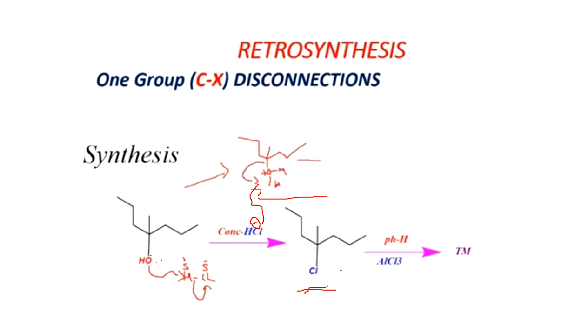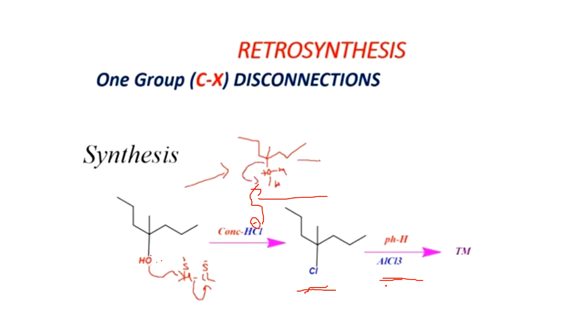On that we can carry out the Lewis acid, AlCl3-catalyzed alkylation reaction. The alkylation and acylation reactions we can study in 12th. This is a simple mechanism. When we carry out the alkylation on that compound, we get our stable target molecule. So this is an easier step to synthesize our given starting material.